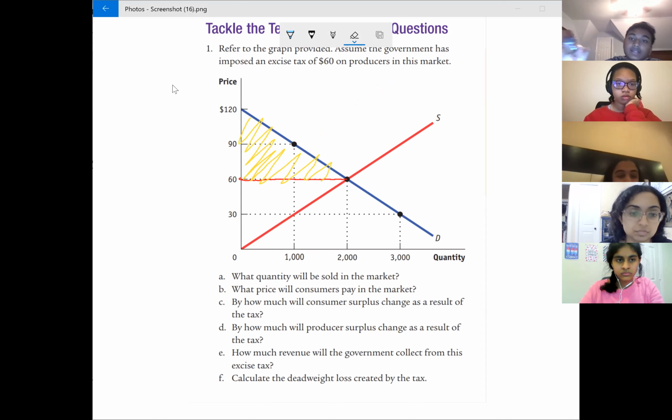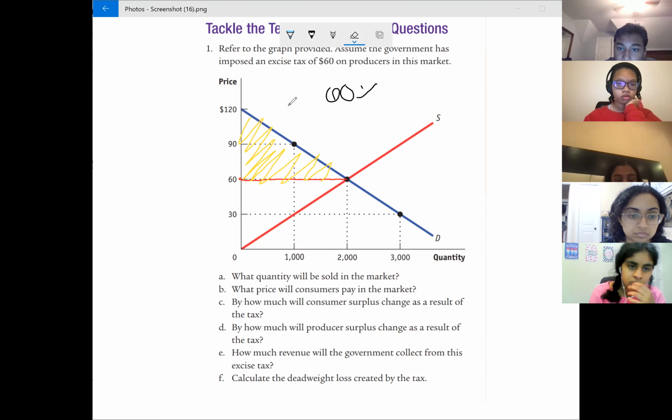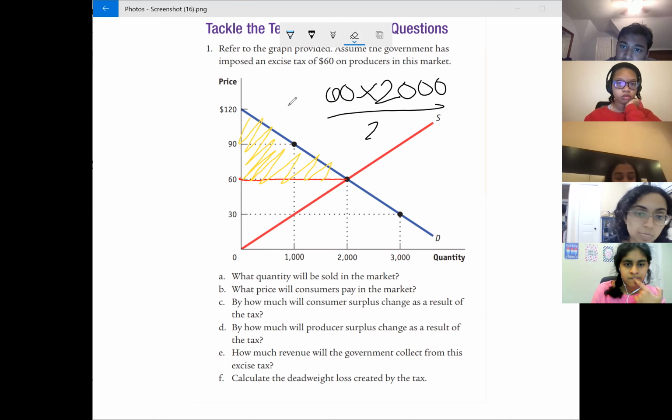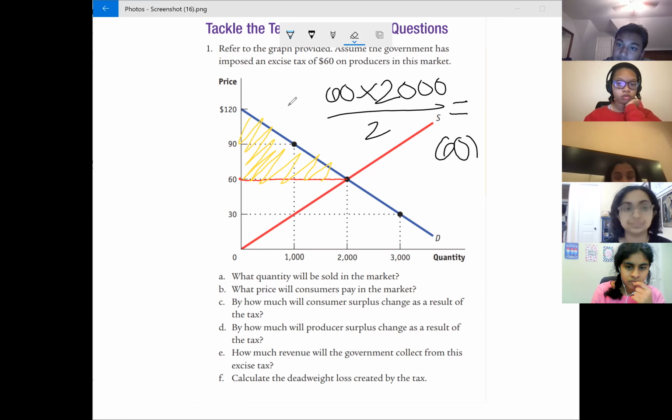That's 1/2 BH. So the height is 60 times 2,000, over 2, which is 120,000 divided by 2 is 60,000, right? So 60K.